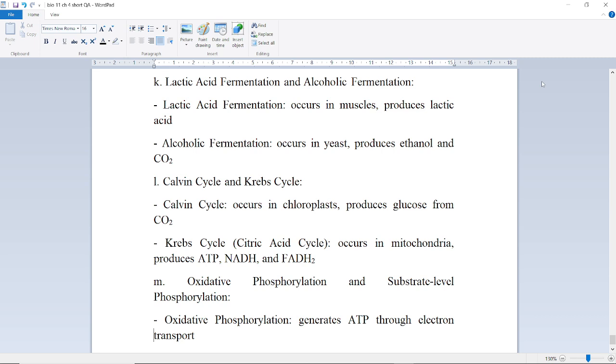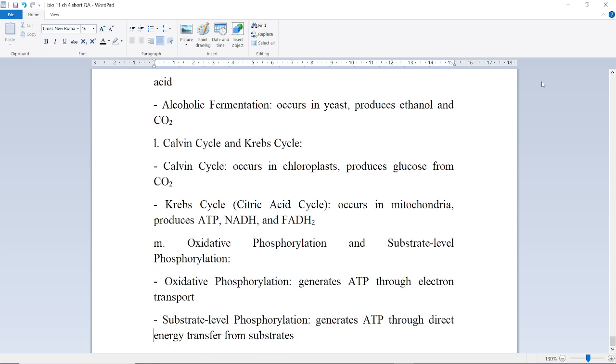Krebs cycle, also called citric acid cycle, occurs in mitochondria, produces ATP, NADH and FADH2. Oxidative phosphorylation and substrate level phosphorylation. Oxidative phosphorylation generates ATP through electron transport chain. Substrate level phosphorylation generates ATP through direct energy transfer from substrate.